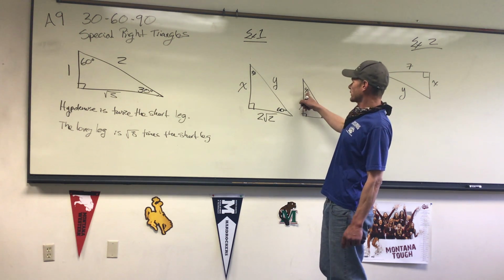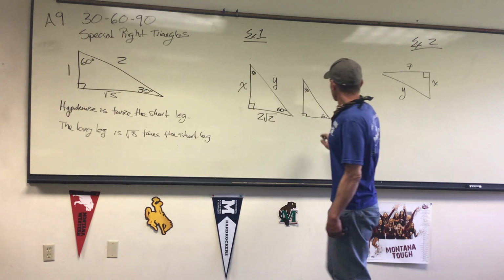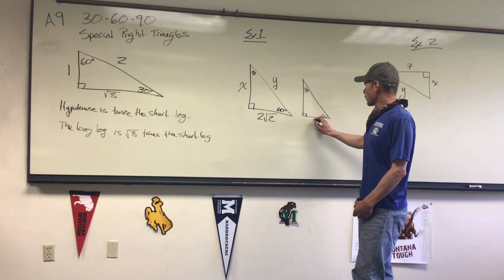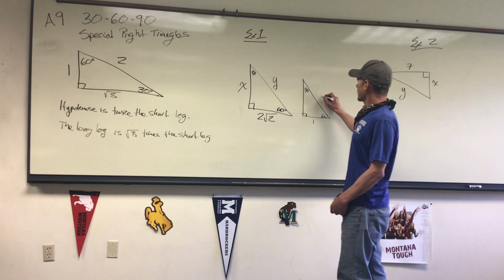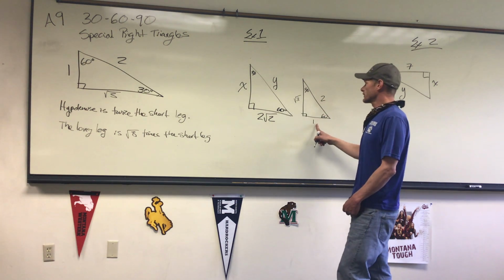The 60's here, the 30's here, and I'm going to label the sides on here. Remember, if the short leg's 1, then the hypotenuse is 2, and the long leg is square root of 3 times the short.